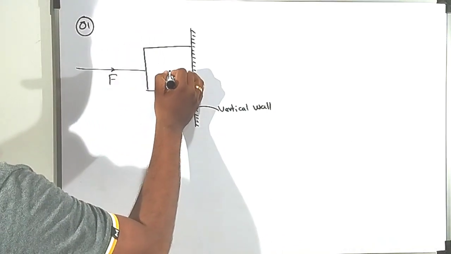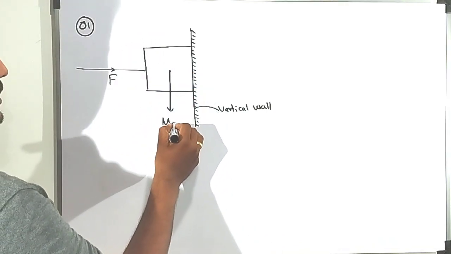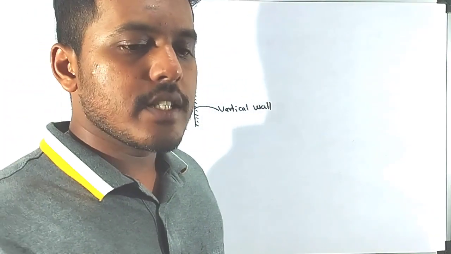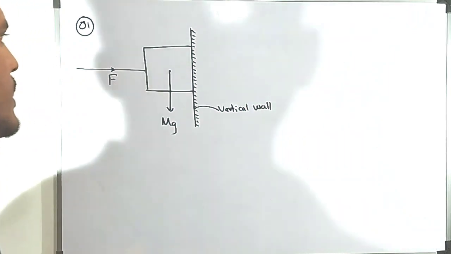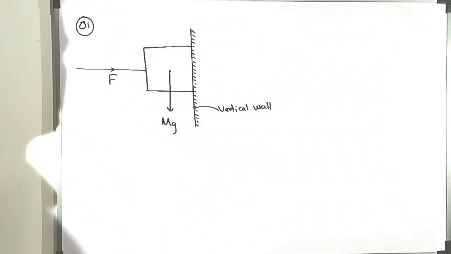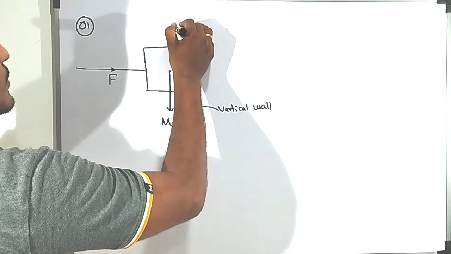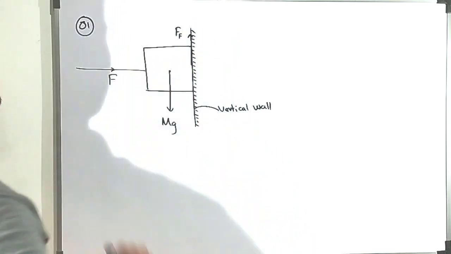Another force will be the weight. Here the weight should be balanced by another force. Then what will be the other force? Friction. Here the friction force will be in the upward direction.